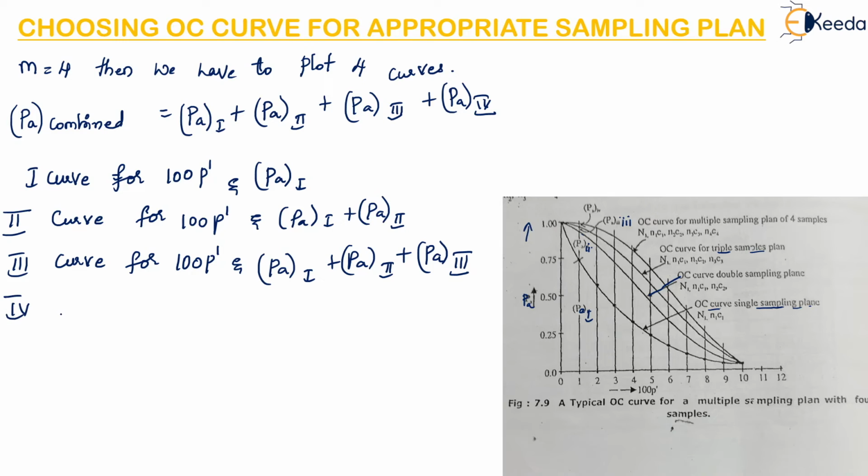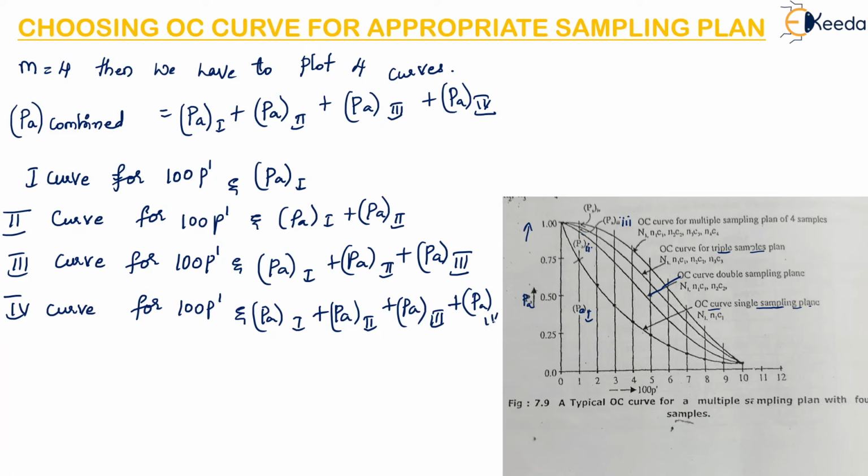The fourth curve is for the probability of acceptance of the first, second, third, and fourth samples. This figure shows a typical OC curve for a multiple sampling plan with 4 samples.